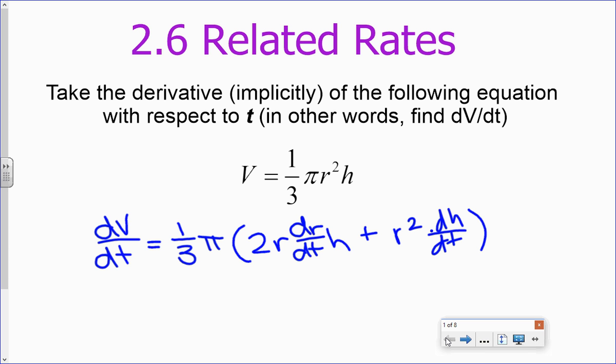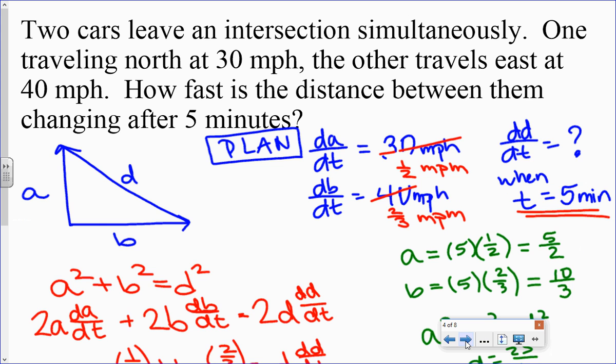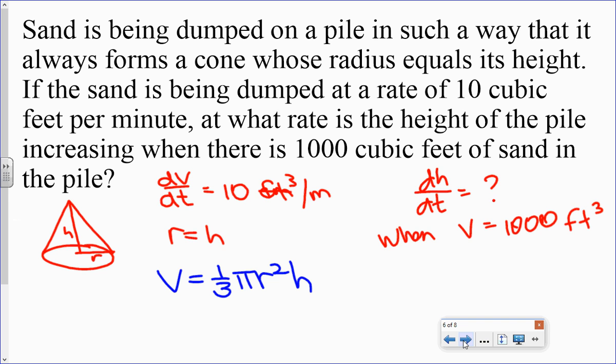Now, look, when we took this derivative, and I don't want you to write this down, we had dV dt, R, dr dt, H, and dH dt. We don't know anywhere close to that amount of information. dV dt, V, dr dt, R, dH dt, H. That's 6 different things, and we need to know 5 of them to solve for the 1.